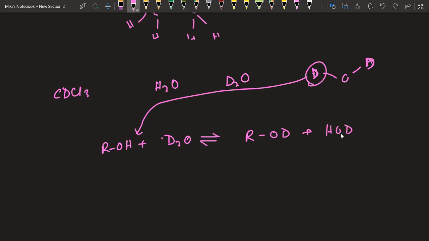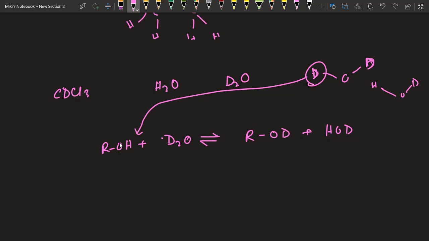So that means we will have HOD. Now how does HOD work? One is the deuterium isotope, another is the hydrogen isotope. Both are hydrogen, but they are isotopes of each other. Now that means a hydrogen disappeared. In HNMR we got values for only hydrogen, so one of the groups will disappear.